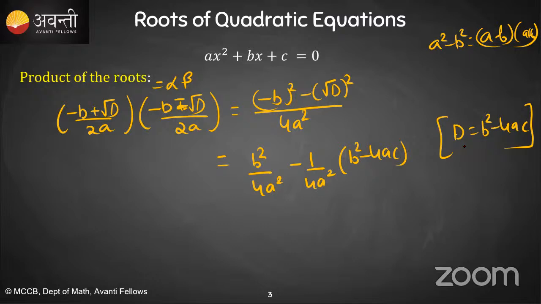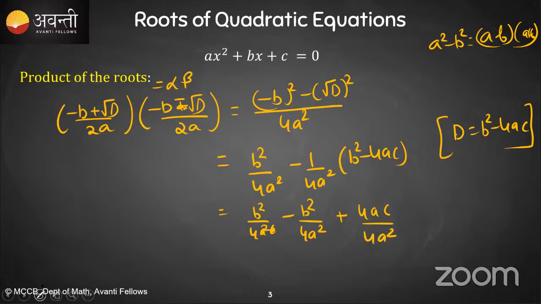So what you will get? You will get b square divided by 4a square minus b square divided by 4a square plus 4ac divided by 4a square. Multiply कर दिया, add कर दो: b square upon 4a square minus b square upon 4a square cancel out, and the a gets cancelled. So what is left? It is left c by a, right?